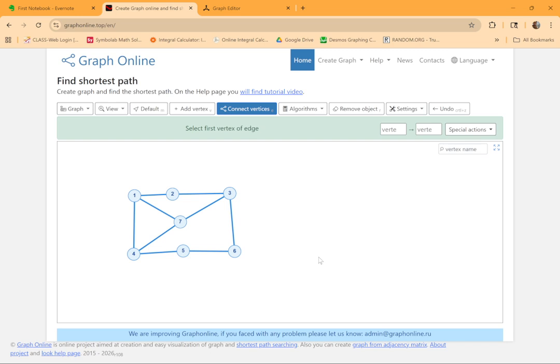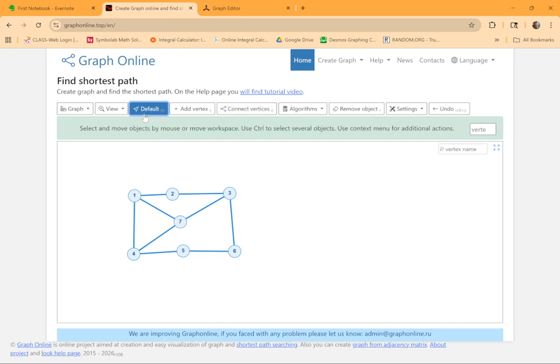So here we have a graph, 7 vertices, 9 edges. Right, and as we can see here, we have 1, this space here, 2, 3, and then the outer unbounded one, 4.